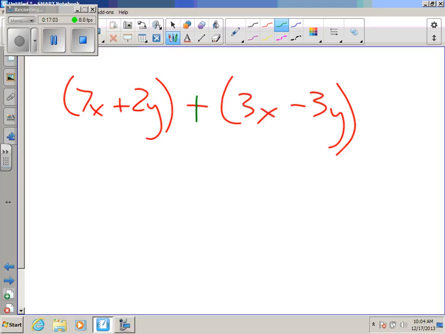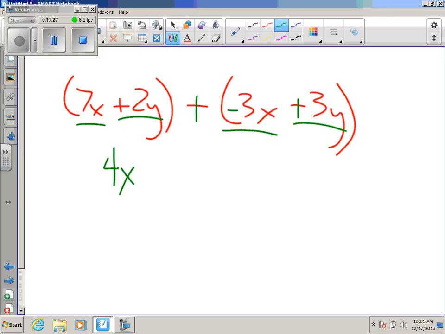So if this was a positive 3x, it now has to be a negative 3x. If this were a negative 3y, now it has to be a positive. And then from there, 7x and a -3 becomes 4x.